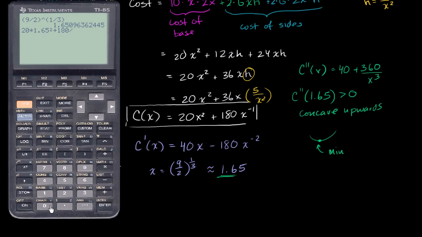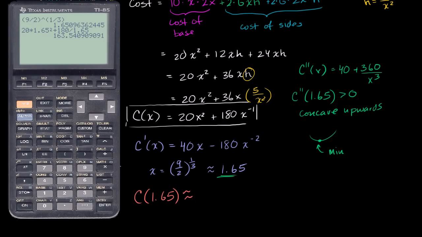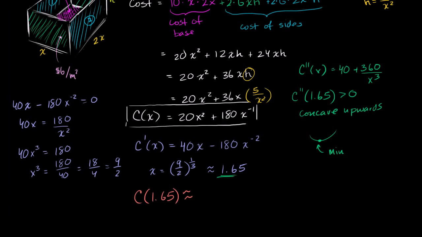So divided by 1.65, which is equal to, I'll just say, $163.5. So it's approximately, and we deserve a drum roll now, the cost when x is 1.65 is approximately equal to $163.54.